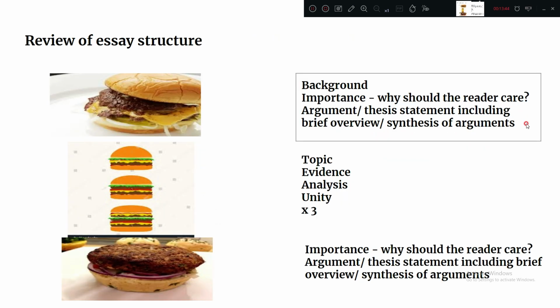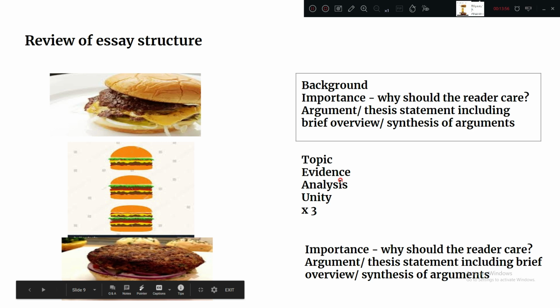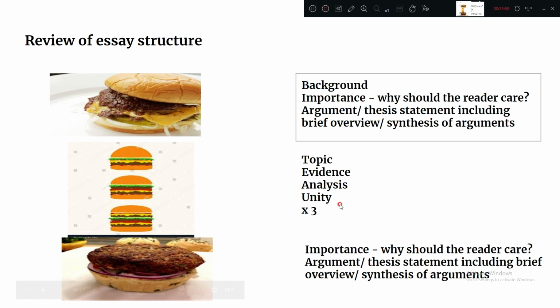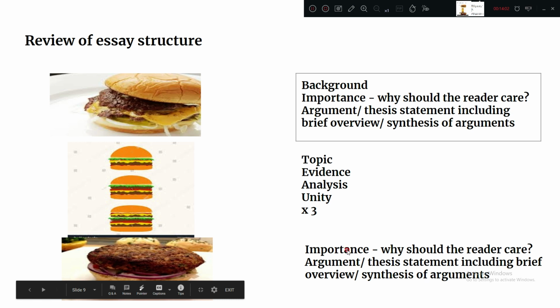Okay, so here is a very brief summary of the essay structure. We've got the background, importance, thesis statements, 3 paragraphs with the structure, topic, evidence, analysis, and unity, and then again the importance of the topic, again the thesis statement, and again the synthesis.